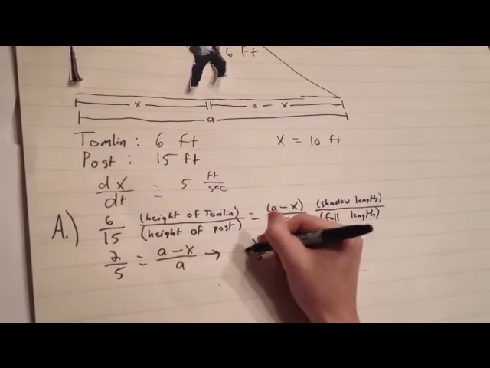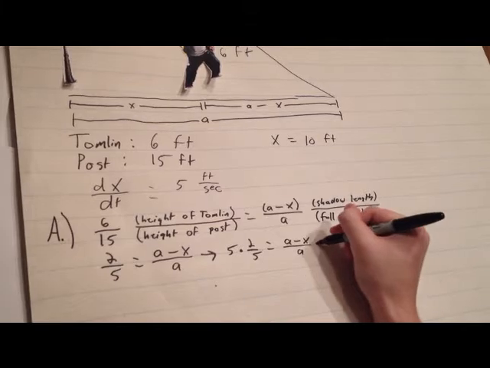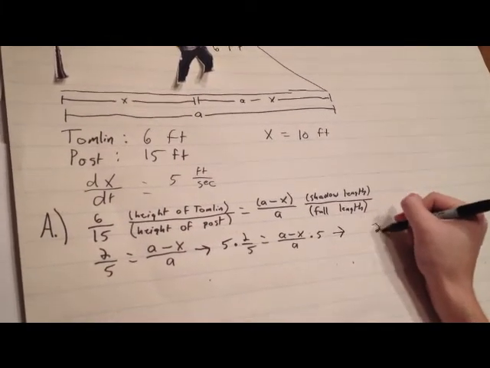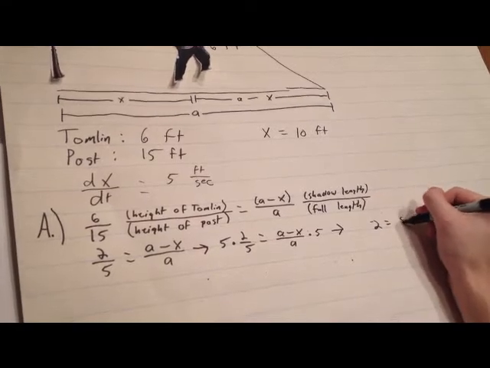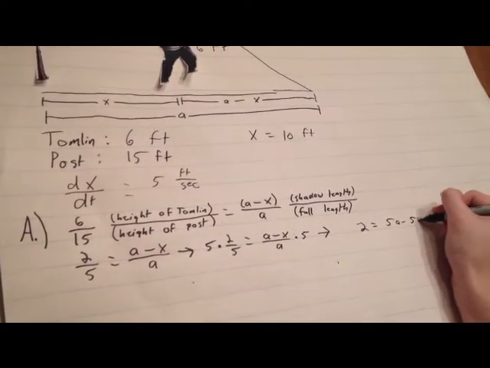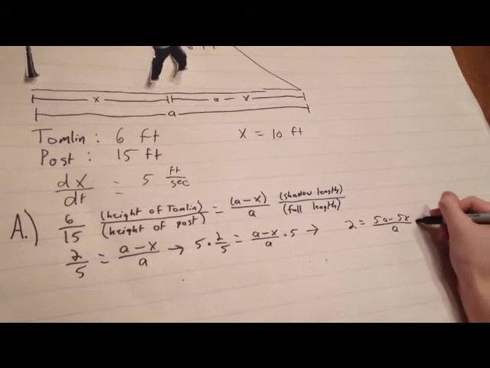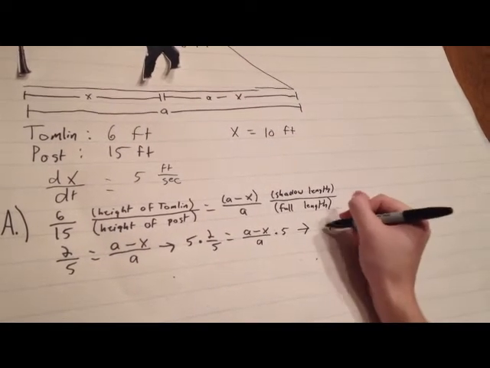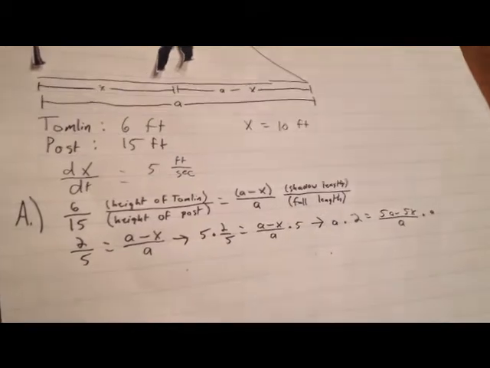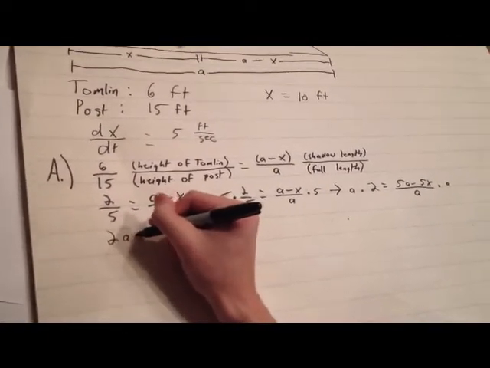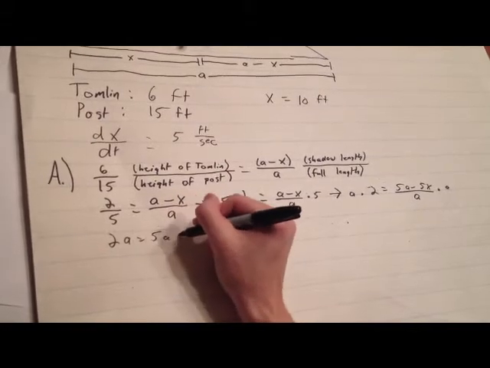So that is going to give you 2 equals 5A minus 5X over A. Of course, you want to get A out from the bottom, so multiply that by both sides. And you end up with 2A equals 5A minus 5X.